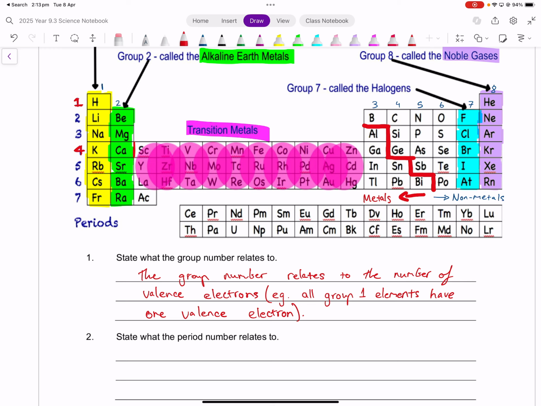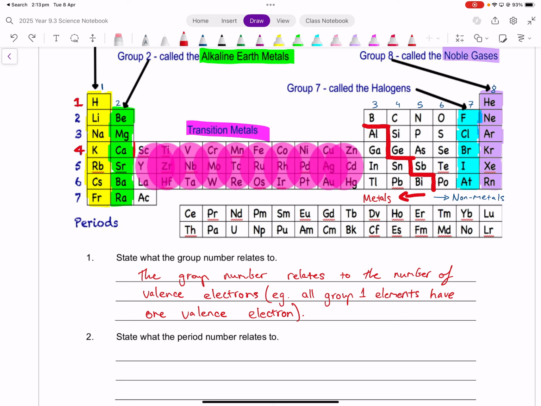The reason that we stop is when we then get into the transition metals, okay, the rule no longer applies and the rule changes. So in year 9, we sort of tell you half-truths and we fill it in halfway. We don't give you the full picture because the rule no longer applies. Okay, so this works perfectly up until the 20th element, calcium, but after that it stops working.